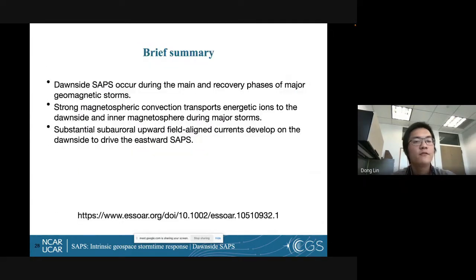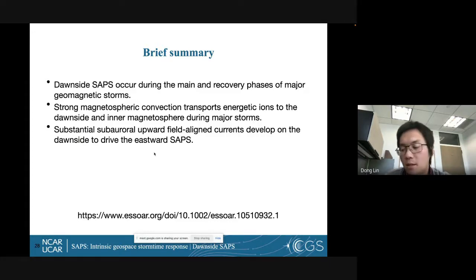So as a brief summary, in this study, we found the dawn side SAPS occurred during the main recovery phase of major geomagnetic storms when the magnetospheric convection level is very high. What I didn't show is that I did double check several other major storms, and we do see the dawn side SAPS in a number of them.